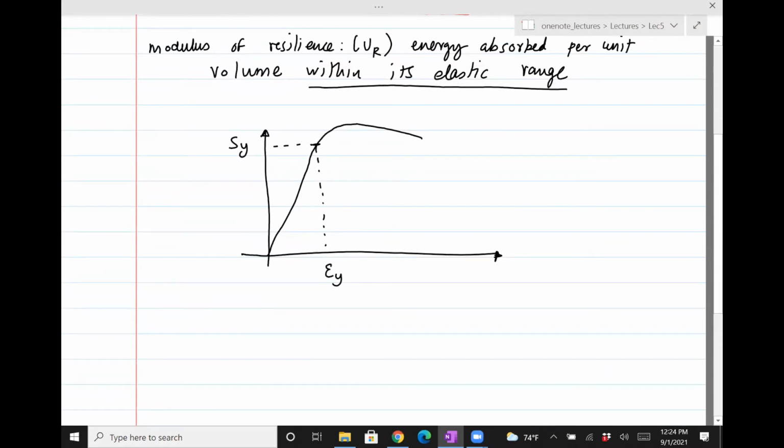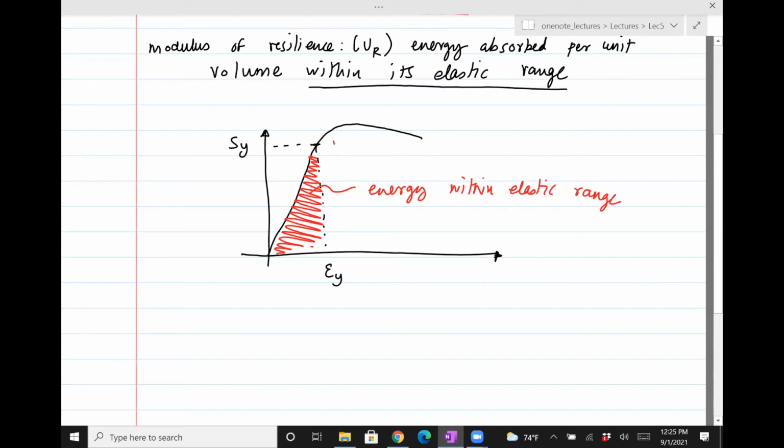But if you want to find it in terms of stress and strain, the stress times strain is actually a measure of the energy. So what we need to do effectively is find the area under this curve up till the elastic range. So this is basically the energy within the elastic range.